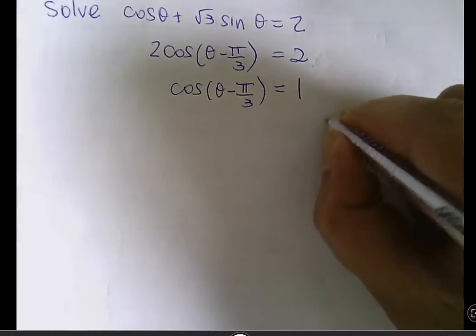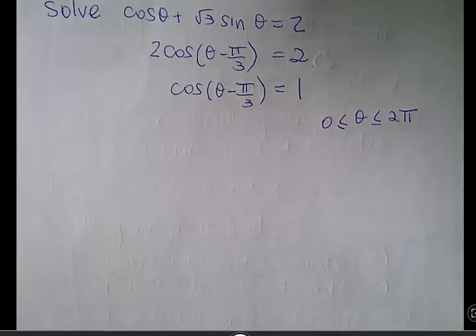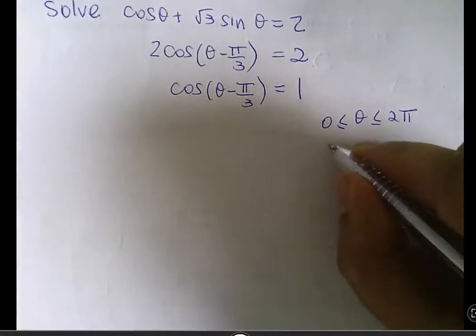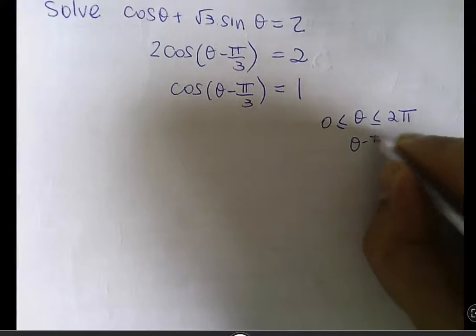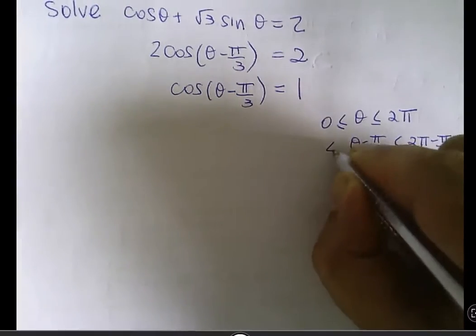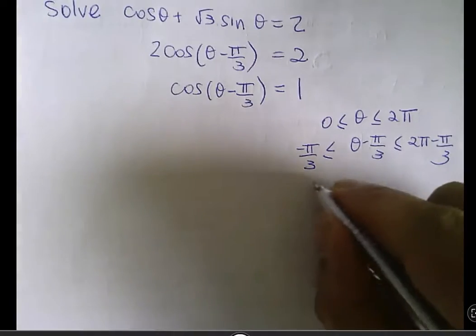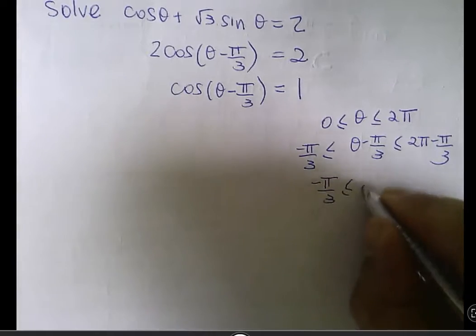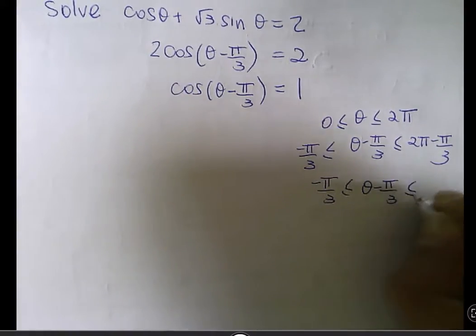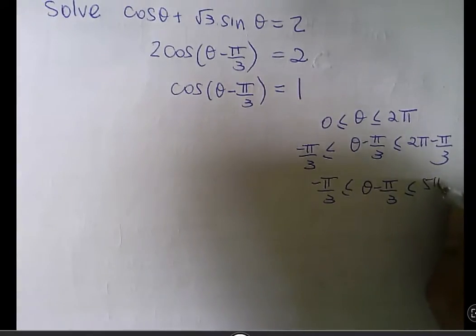So I go like this, 0 less than or equal to theta less than or equal to 2 pi. What's my new domain? Theta minus pi on 3. So take away pi on 3 from each of those. Basically, we're taking away a third. So we're going from minus pi on 3 through to 2 minus a third, 1 and 2/3, 5 pi over 3.